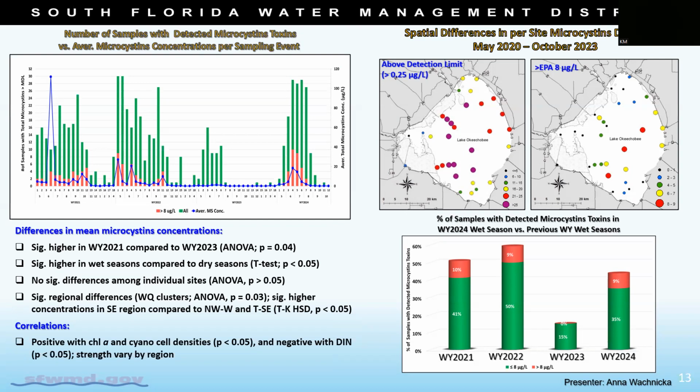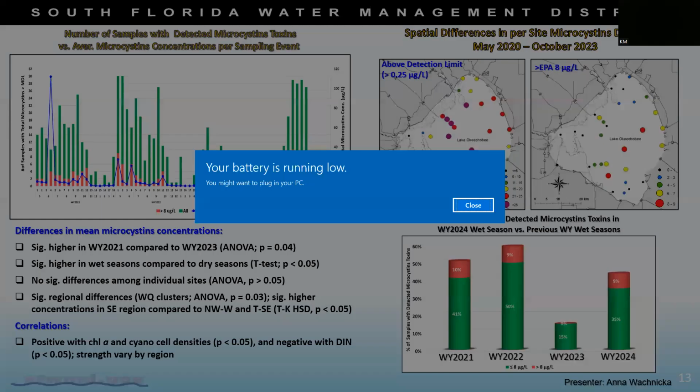I calculated how many times since May of 2020 we recorded toxin concentrations above 8 micrograms per liter, above that EPA standard for recreational waters, at each of the sites, and how many times we recorded toxins in the water overall, like whether they were detected or not. So you can see that pretty much at the sites near the inflow points we recorded toxins slightly less often. Oops, now we are gonna run out of power.